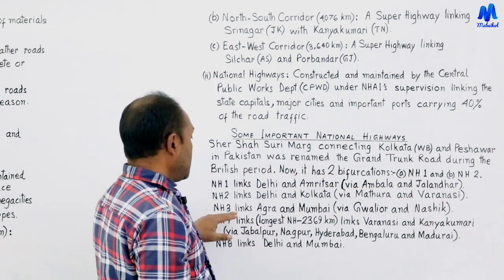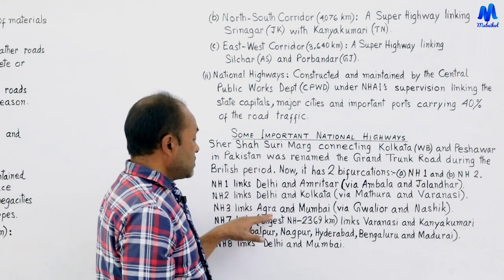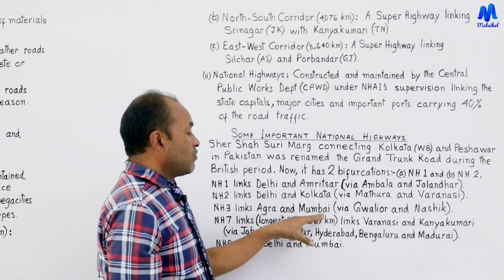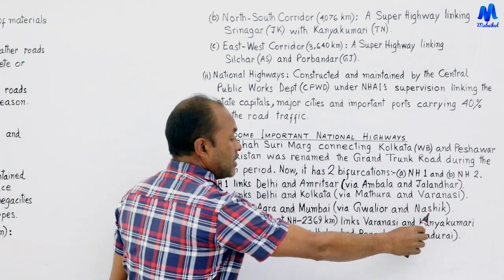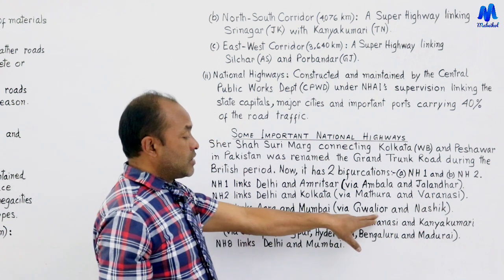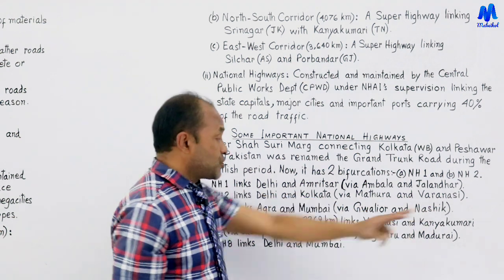And National Highway number 3 links Agra and Mumbai through Gwalior and Nasik. Gwalior is in Madhya Pradesh and Nasik is in Maharashtra.